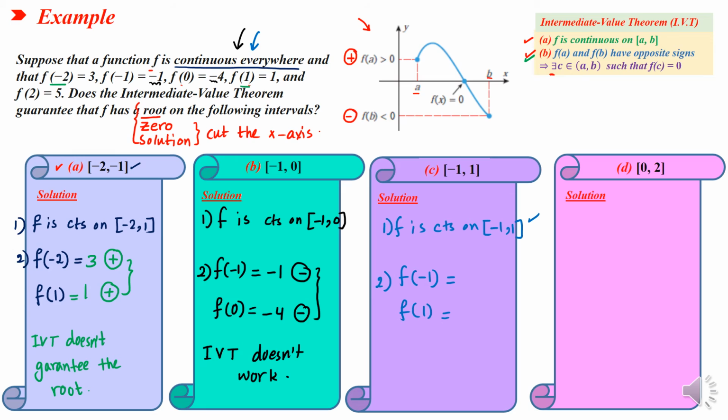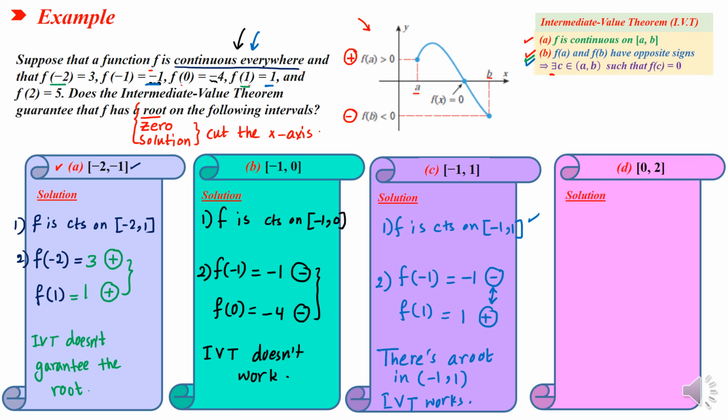Now f of -1 is given and equals -1 again, a negative number, and f of 1 equals 1, which is positive. So we have opposite signs, which guarantees the second condition also. So the I.V.T. works in this interval and guarantees there is a root in the open interval from -1 to 1.